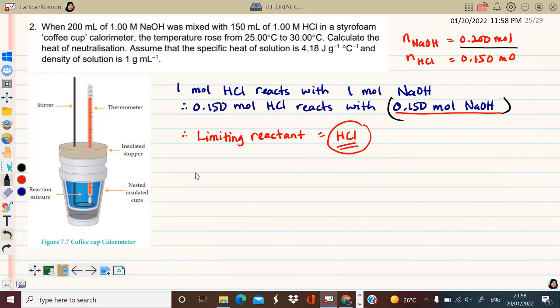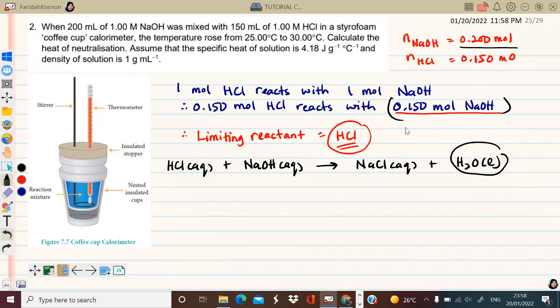akan habis dulu. Okay? Jadinya sekarang kalau saya tulis equation semula, so ini adalah hydrochloric acid aqueous plus sodium hydroxide aqueous, okay, produces sodium chloride aqueous and water liquid.